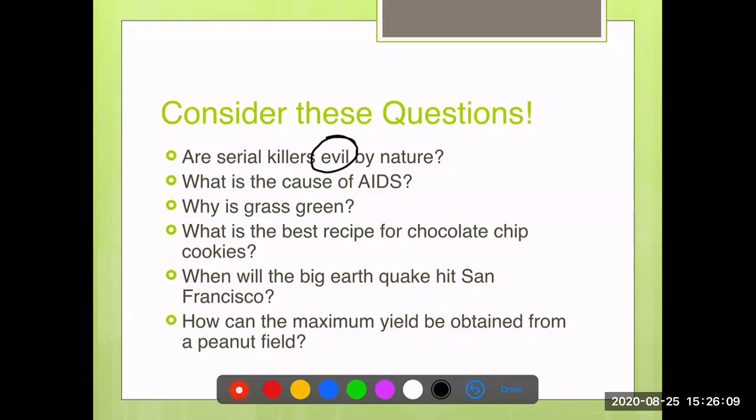So evil needs to be defined. I might think I know what evil is, but I might also discover that I don't share the same ideas of what evil is with others. So just for my own understanding, I would need the person who originated this question to tell me what they mean by evil. Evil as defined by what?